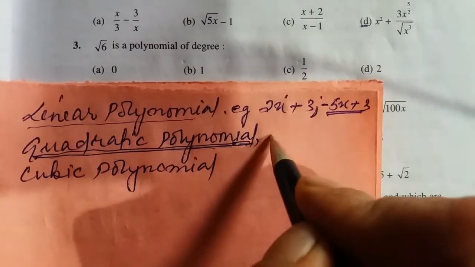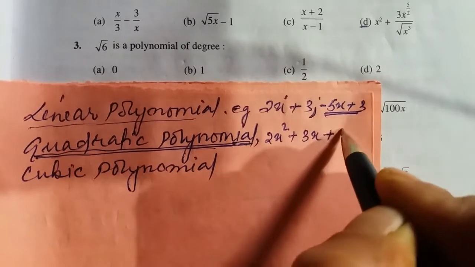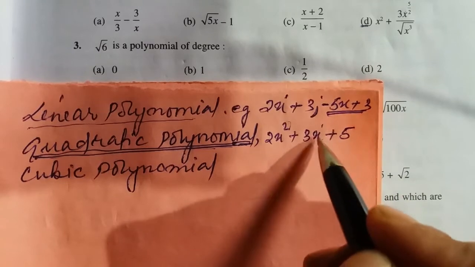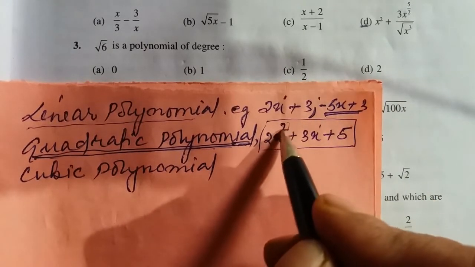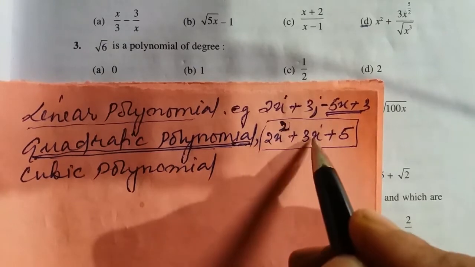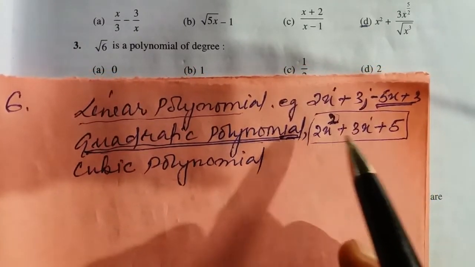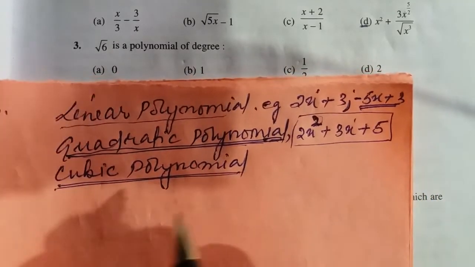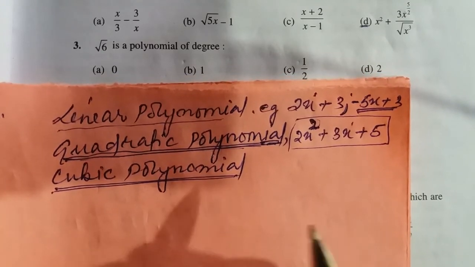Example: 2x square plus 3x plus 5. Here the highest power is 2, and the power of x in the other term is 1. So 2 is the highest power, so we say that the degree of this polynomial is 2. Cubic polynomials are those polynomials in which the degree is 3.